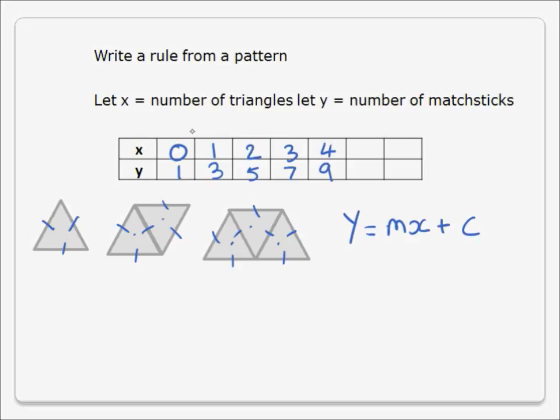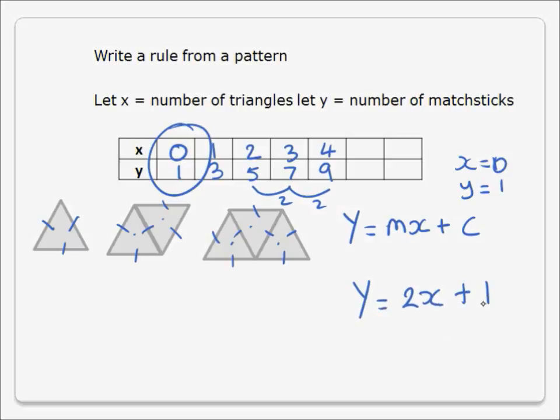C occurs when x equals 0, the y will equal 1. The numbers are going up by 2, so y equals 2x, because that's the gradient, plus 1, that's the constant.